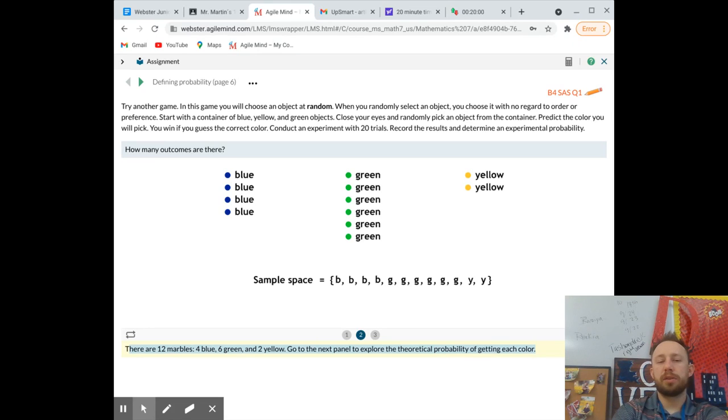Can anybody help Sarah? There's a 4 out of 12 chance that you would get a blue. All right. Why is it 4 out of 12? Because there's 4 blue, and there's 12 marbles in total. All right. And that's what you said also, Roy Kia? Yes, sir.